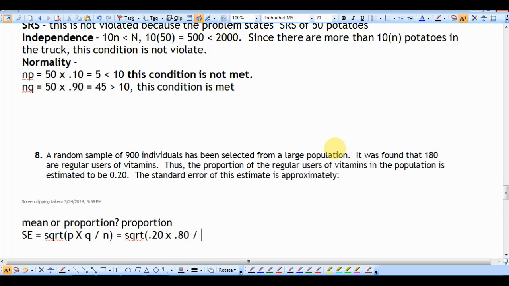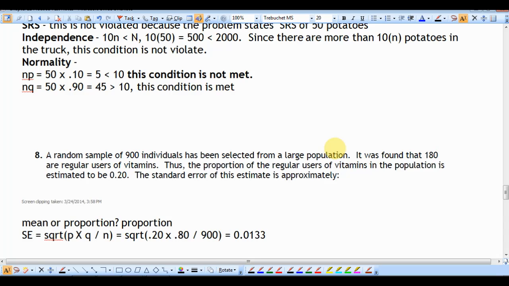What's our sample size? 900. 180 of them are regular vitamin users, but the sample is 900. There you go. Standard error 0.0133.